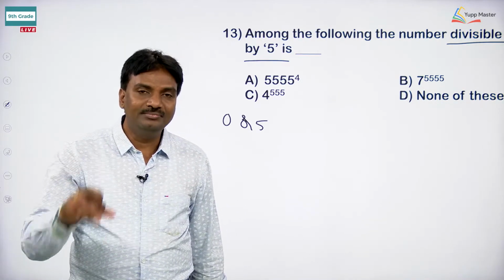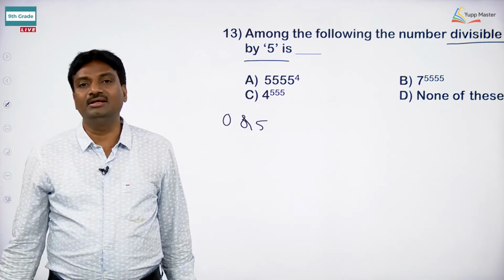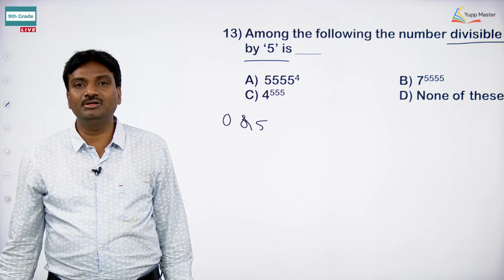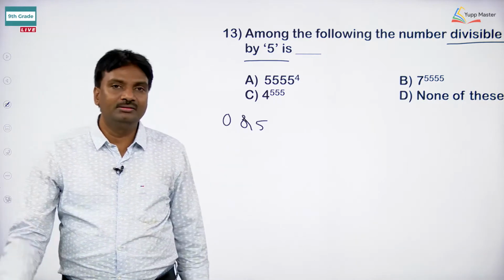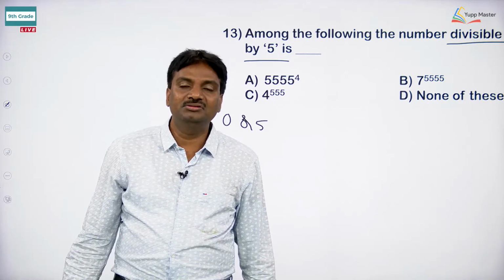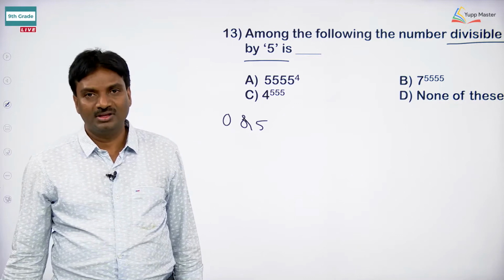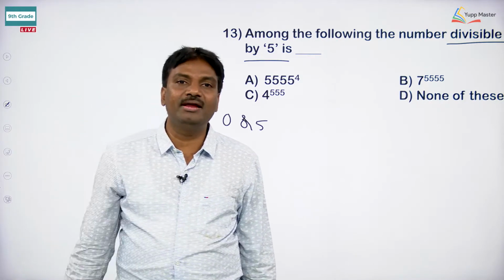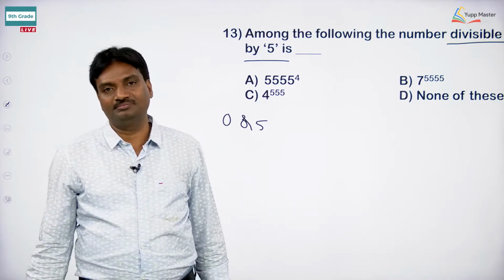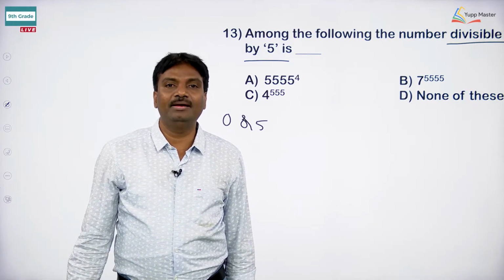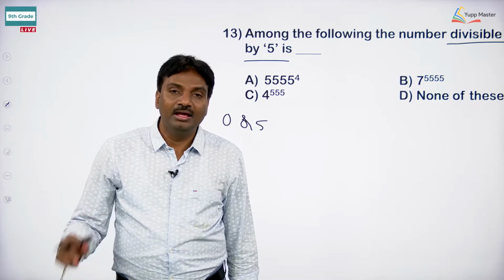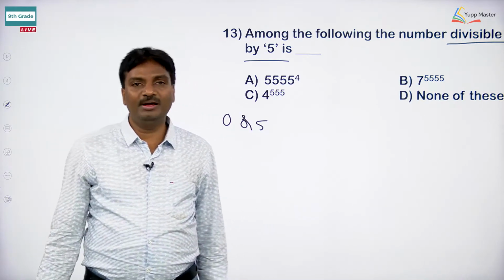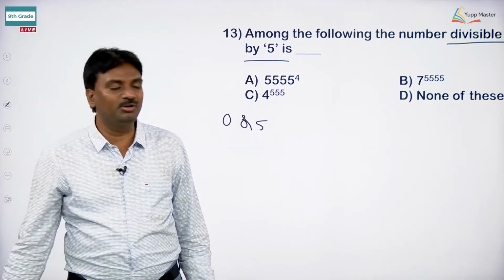Then only the number is divisible by 5. If the last digit is other than 0 and 5, then the number is not divisible by 5.